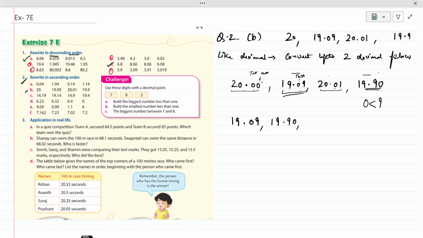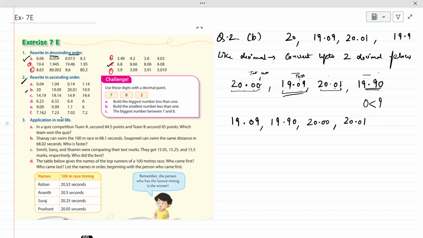In this number at the 100th place we have 0 and here we have 1. That means this number is smaller because this 0 is less than this 1, right? So the next number is 20.00 and the last number is 20.01. Easy. So this is how we have to arrange them in ascending order.